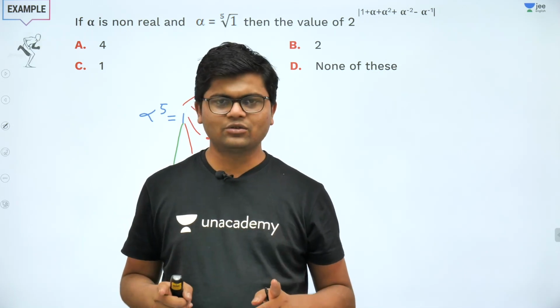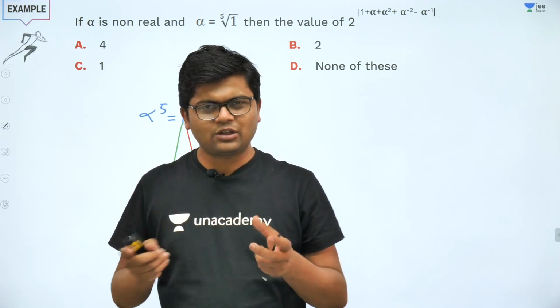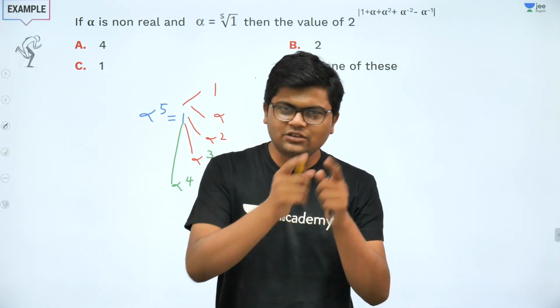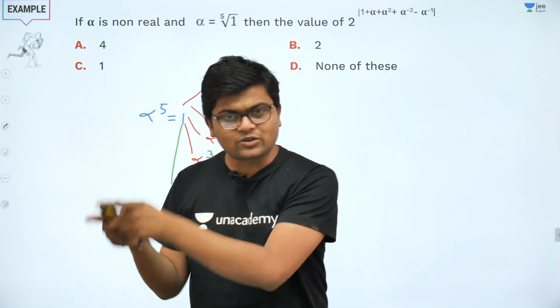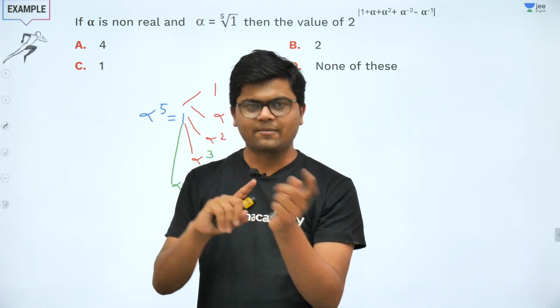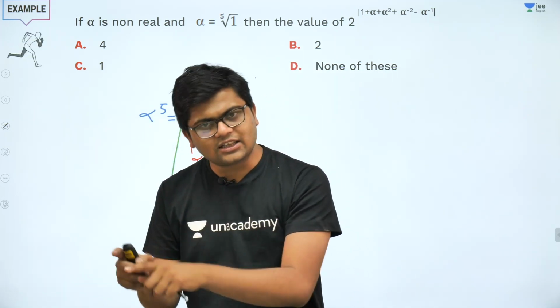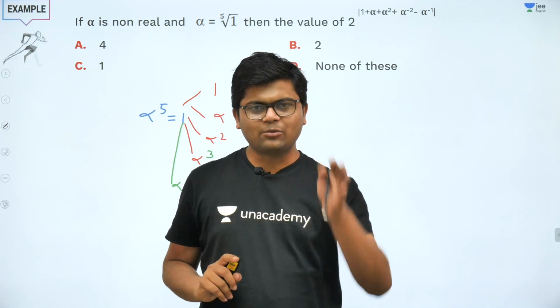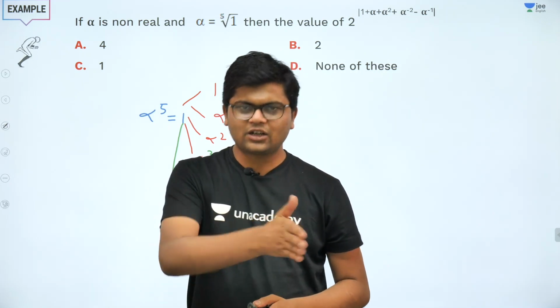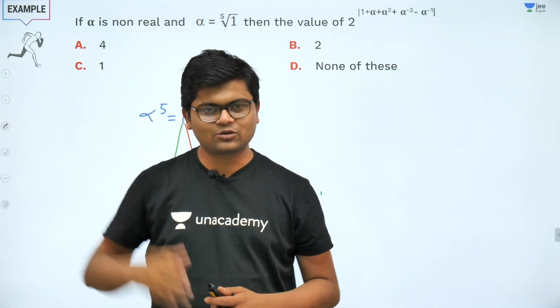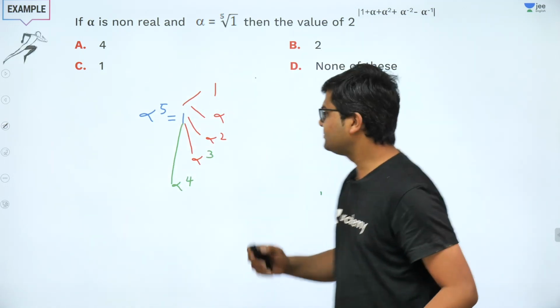In those complex roots, the first and last are conjugates of each other. Similarly, the second and second last, and the third and third last, are conjugates of each other.